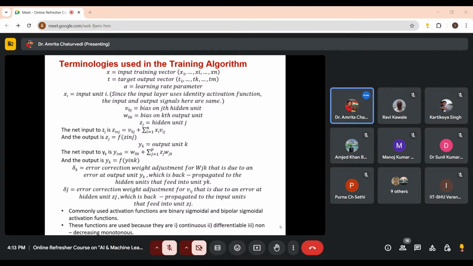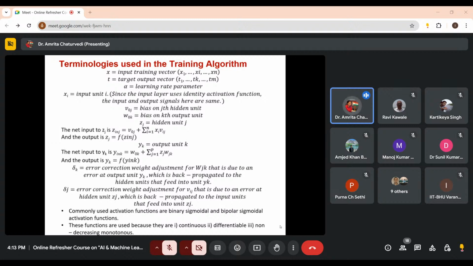Then V naught J is the bias on the jth hidden unit, and W naught K is the bias on the kth output unit. Zj is the hidden unit J. The net input to Zj is represented as Zinj. This is equal to V naught J, that is the bias at the jth hidden unit, plus summation I equal to 1 to n, Xi Vij.